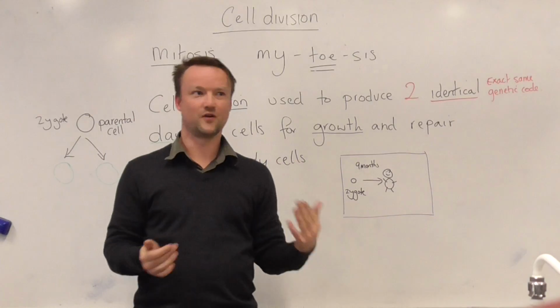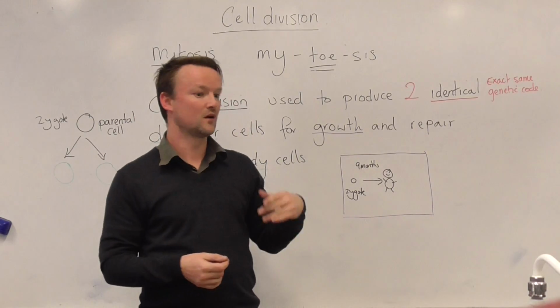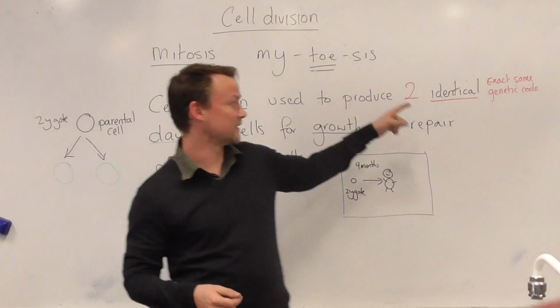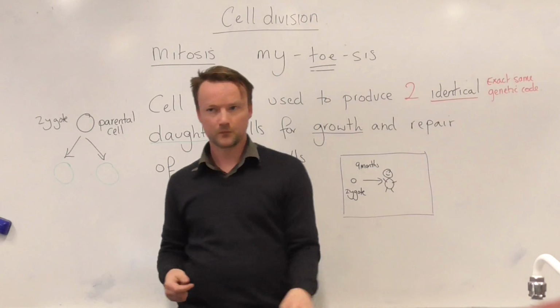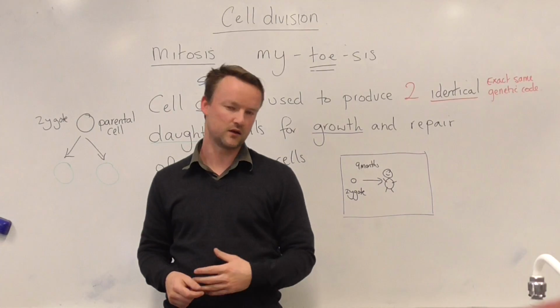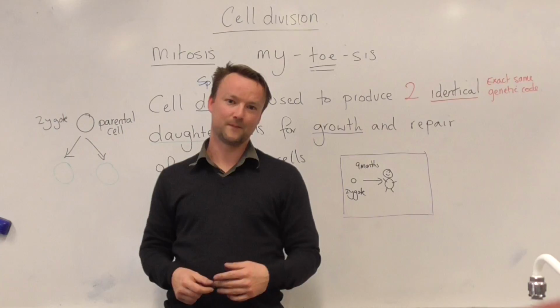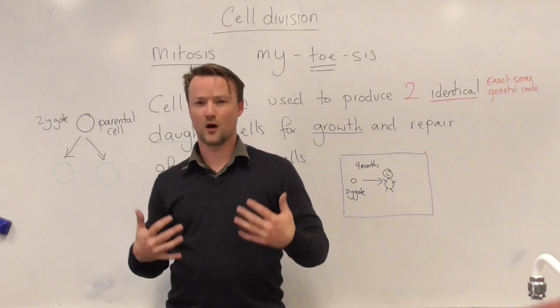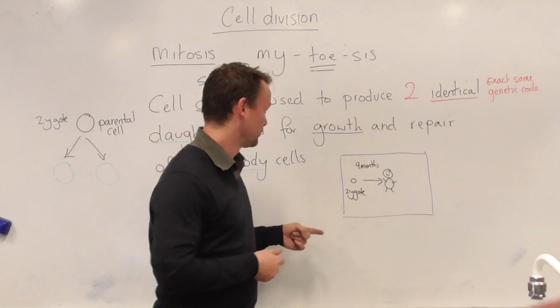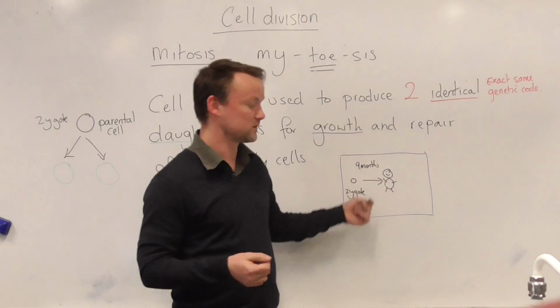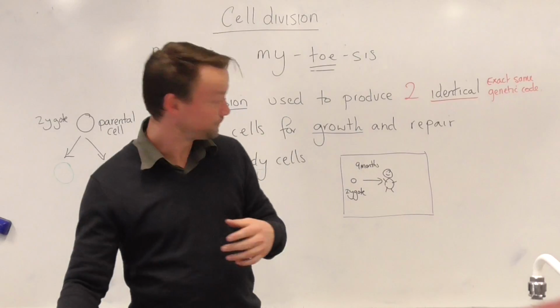The 4 cells then divide to give us 8 cells. All 8 cells are identical. They're identical because they've got exactly the same genetic code. 8 then becomes 16, 32, 64, 128, 256. Okay? And they keep going and going and going until you get not just to a baby, that's billions of cells, but to an adult.